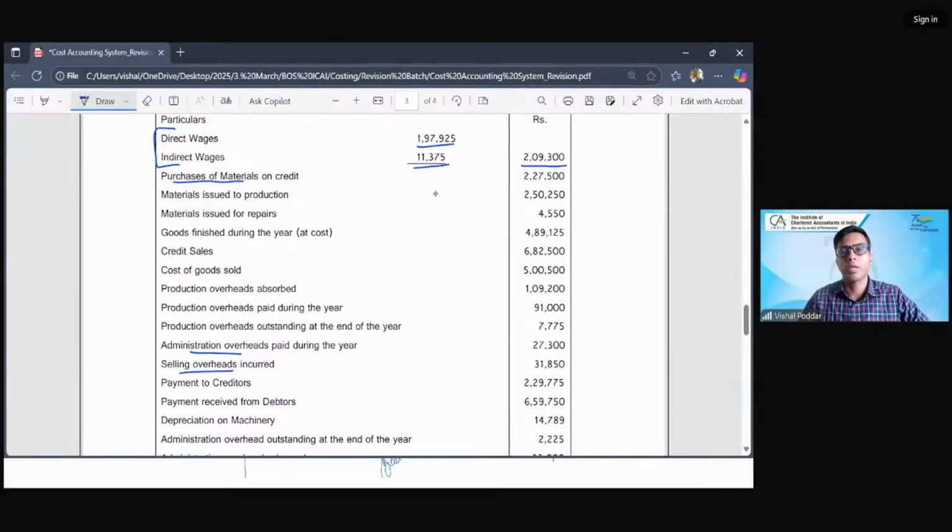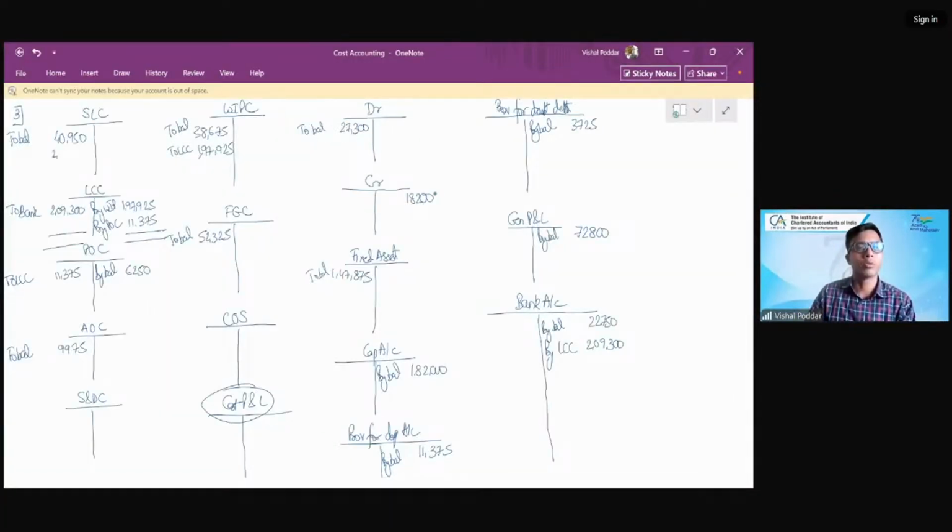Now purchase of material 227,500. I should write to bank. Right?